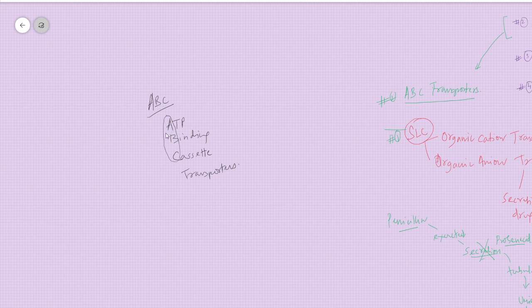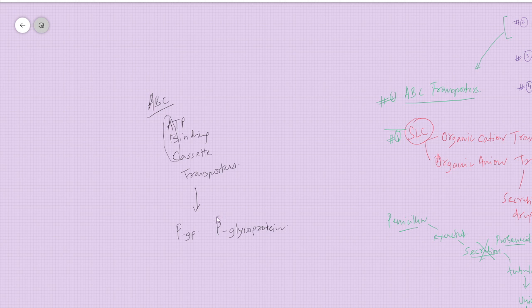Of the ABC transporters, the most important example which is important clinically is PGP. What is PGP? P-glycoprotein.